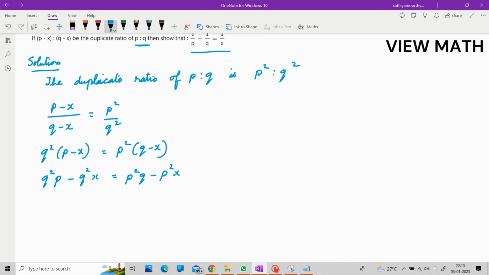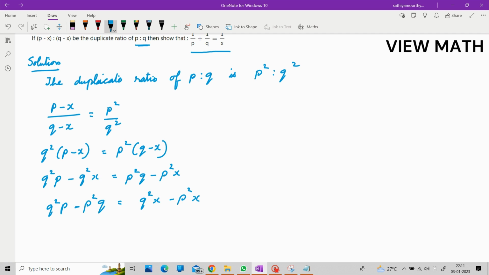Let me bring the x terms to one side and the remaining to the other side. I will be getting q square p minus p square q. I am bringing this term to the left hand side, so it is negative p square q. I am bringing q square x to the right hand side. I am getting q square x minus p square x.